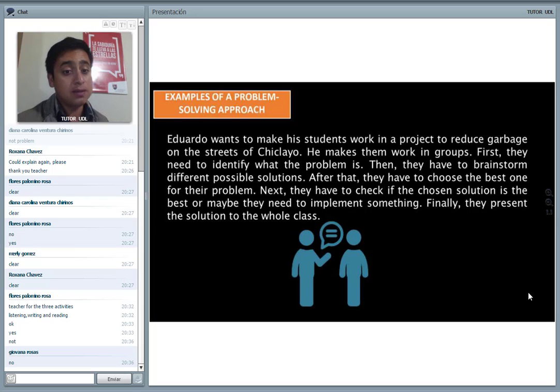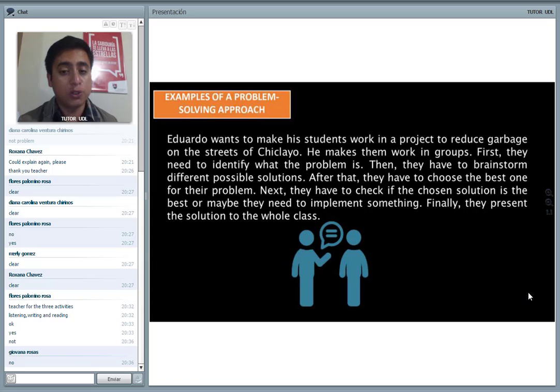Then they have to brainstorm different possible solutions for the problem, different ideas, okay? So maybe they will start just saying some words, okay? But at least they need to find out some possible solutions. After that, they have to choose the best one for their problem.